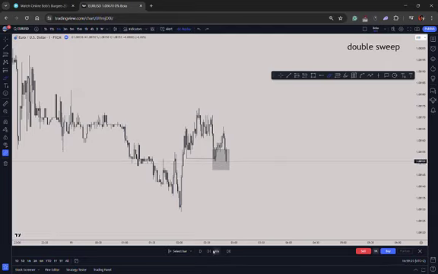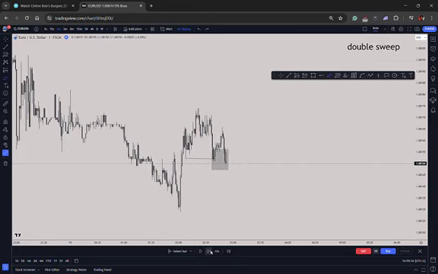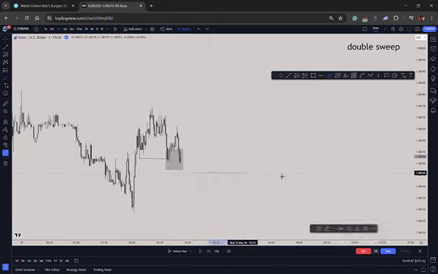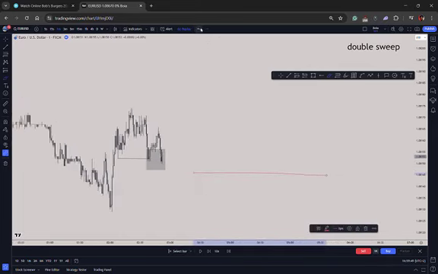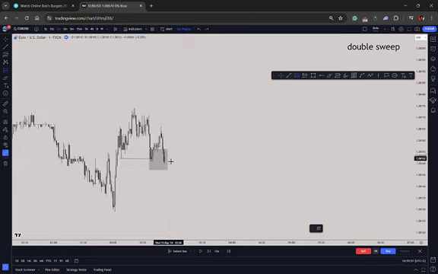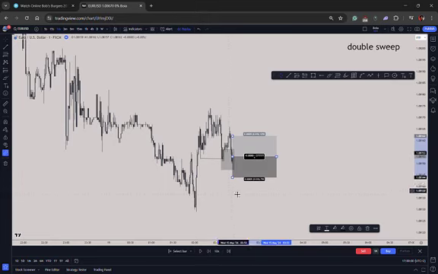Now, after sweeping this initial reaction, the next candle formed a rejection, a bullish candle. It didn't give us a clear sign of rejection, as we can see on this replay too. But this being a bullish candle with a reasonable size of the body to the wick, I can take a buy from there.